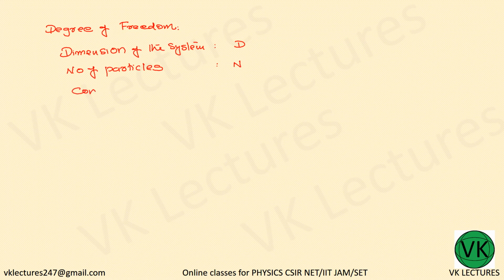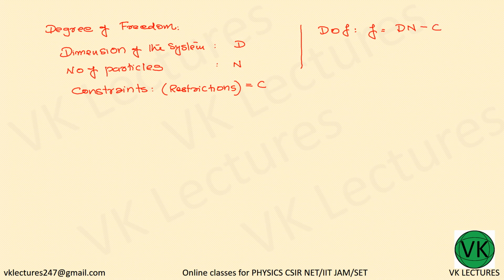Now what are constraints? Constraints are restrictions. How many restrictions are there? That's equal to c. So in that case, the degree of freedom f is equal to d times n, that means the dimension times the number of particles, minus c, which is the constraints.